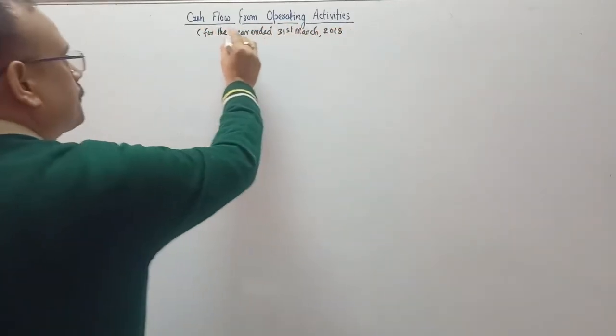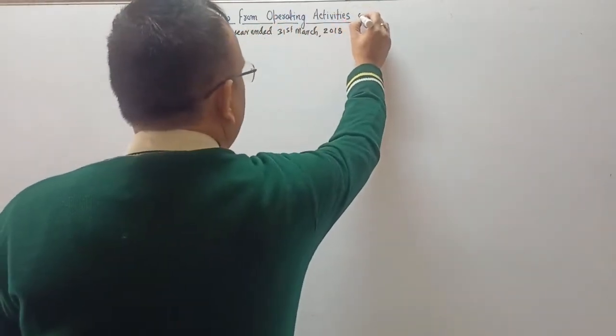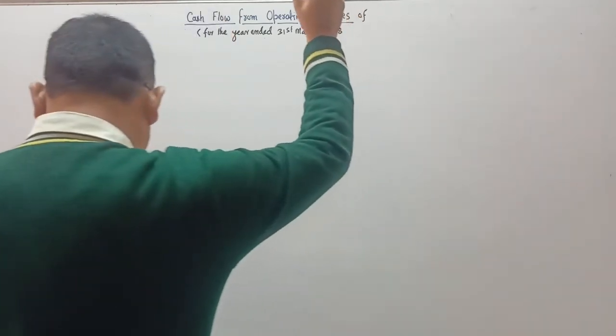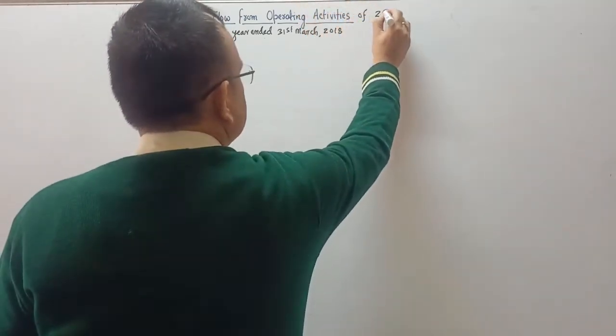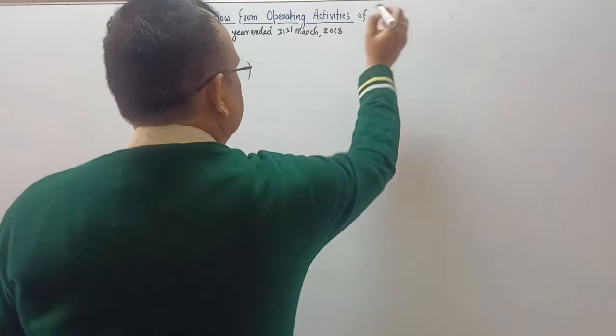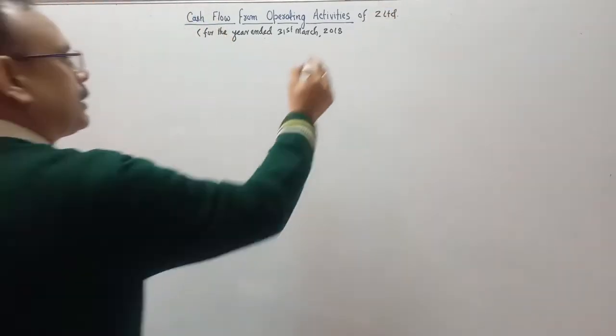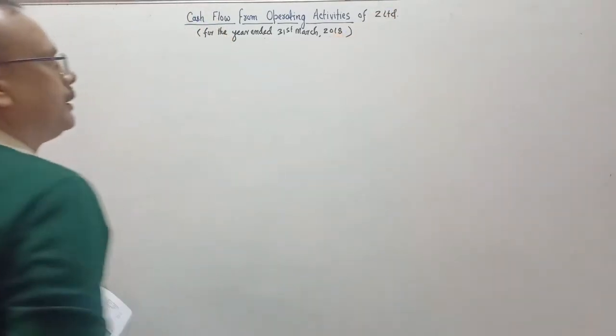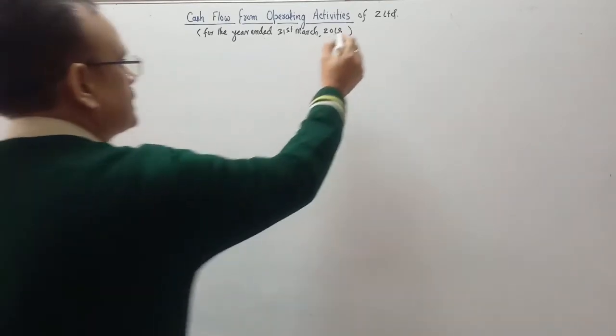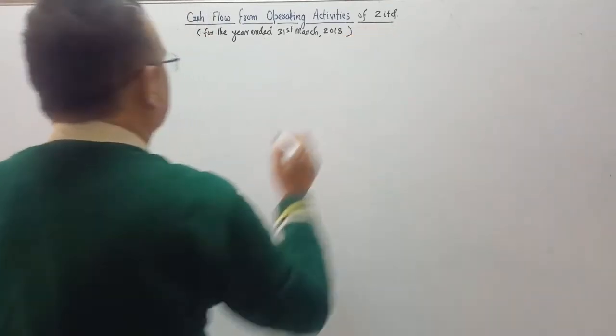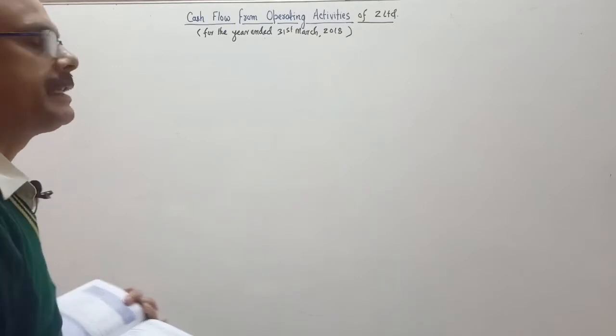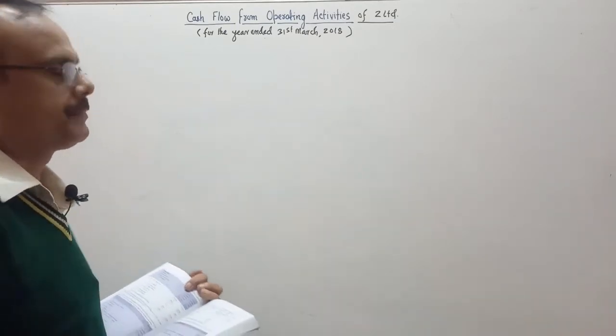So cash flow from operating activities of, the name of the company is Z Limited. Cash flow from operating activities of Z Limited we are going to calculate. Okay. So I have written cash flow from operating activities for the year ended 31st March 2018.